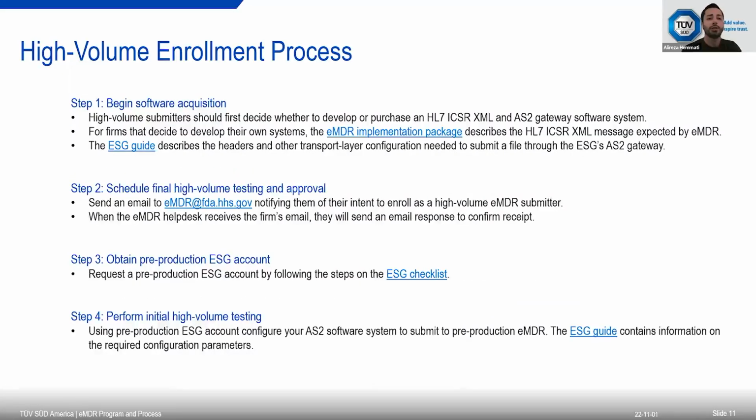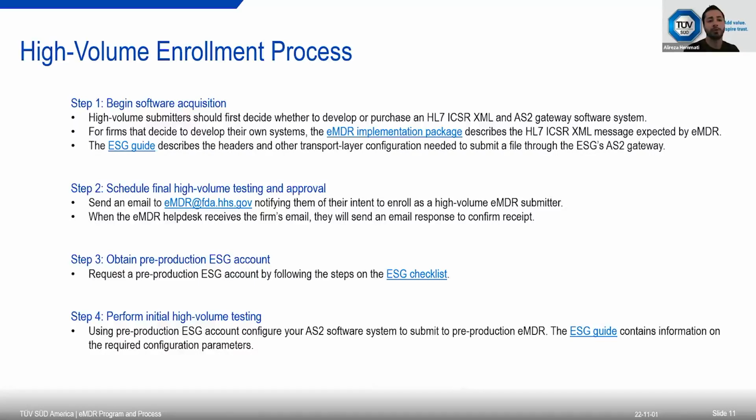You will schedule a final high volume testing and approval. You initiate that by sending an email to emdr@fda.hhs.gov, notifying them of your intent, and then they will send you a response confirming the receipt. You will obtain a pre-production ESG account using the same web trader as discussed earlier.